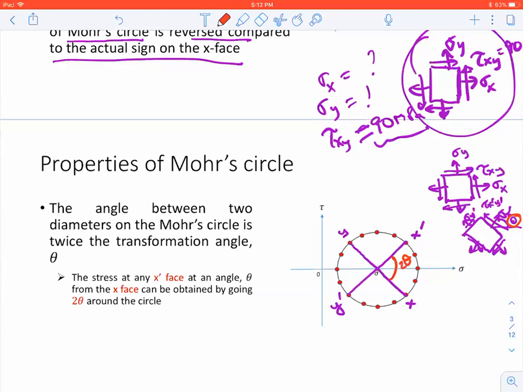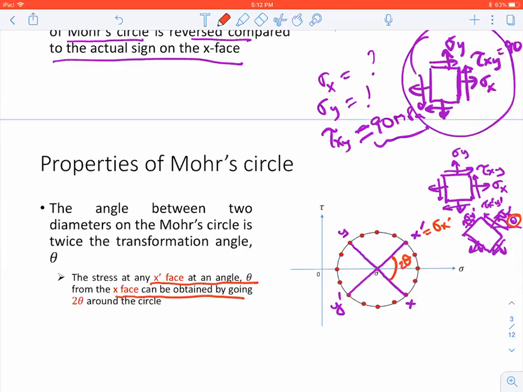Now the stress at the X prime face, at angle theta from the X face, can be obtained as follows. If this is my X prime face, you can find out what sigma x prime is by traversing from the X face.